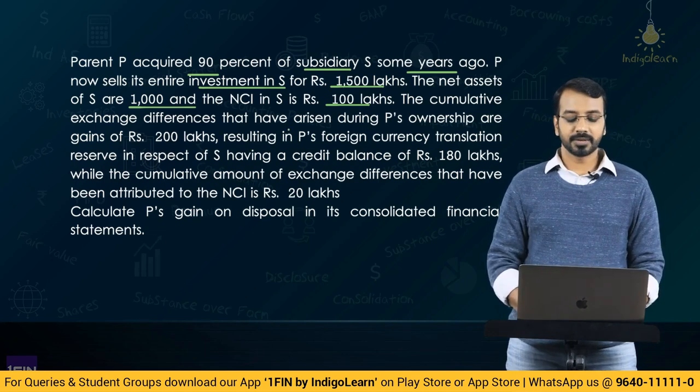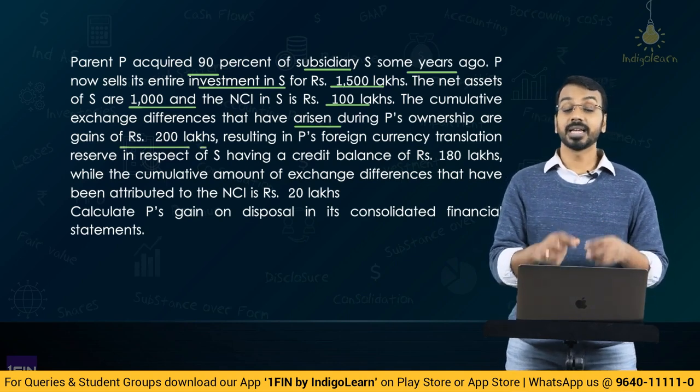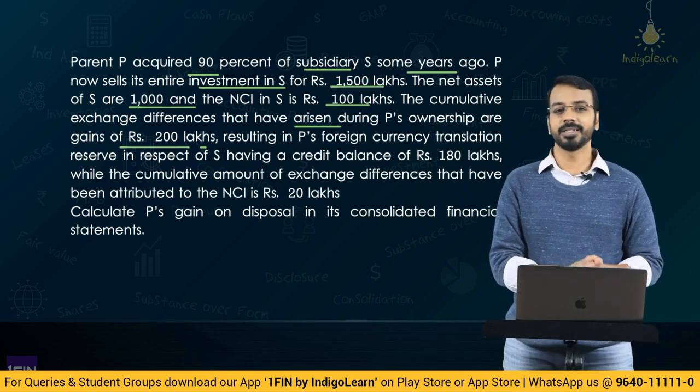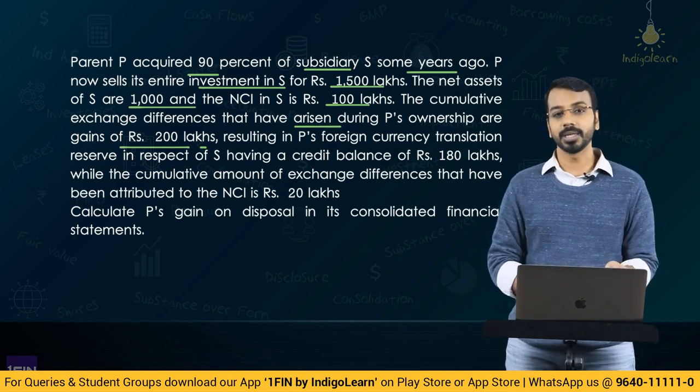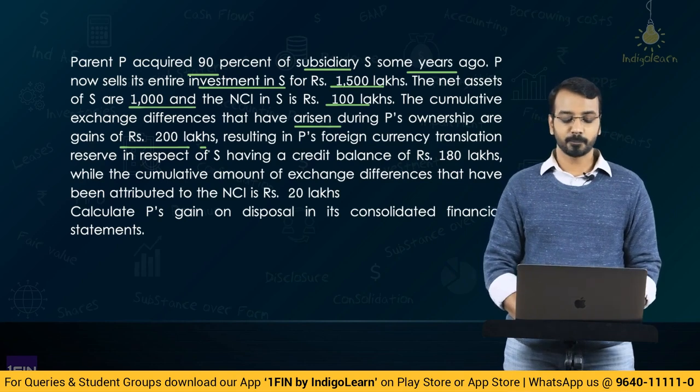The cumulative exchange differences that have arisen during P's ownership are gains of rupees 200 lakhs. So, 200 lakhs is the cumulative gain which has arisen as a result of translation. Again on this 200, 90%, that is 180, belongs to the holding company and 20, that is 10%, belongs to the non-controlling interest.